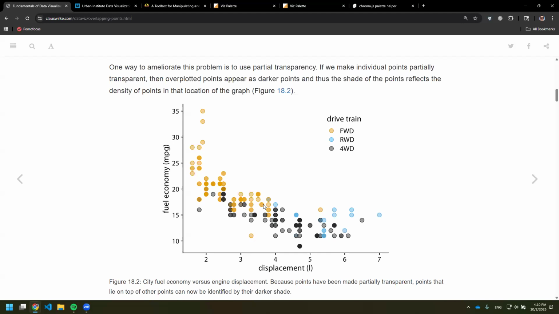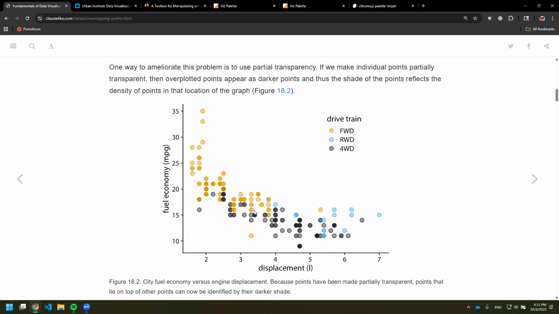Also, for the untrained eye, for people that aren't familiar with changing opacity, even though there's a scale right here, a legend within the plot, we may wonder what these different colors of points mean. Because we've read the chapter, we have some sense that the darker points correspond to ones where two or more points are at the same X and Y coordinate and are overlaying one another.